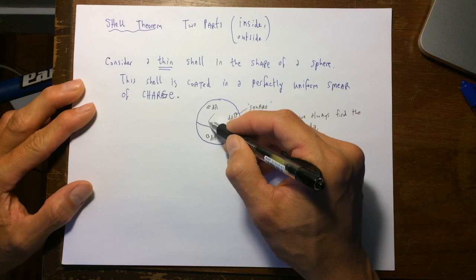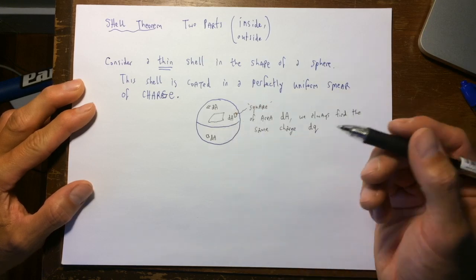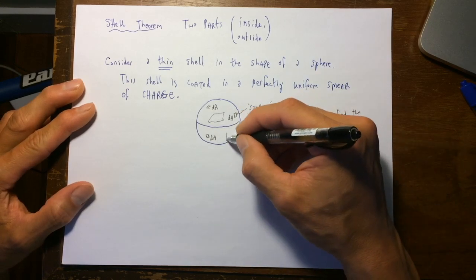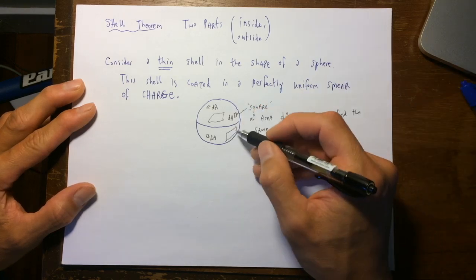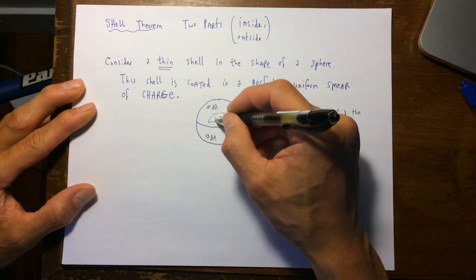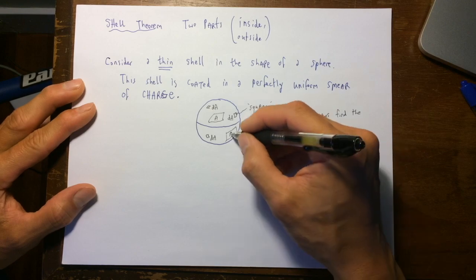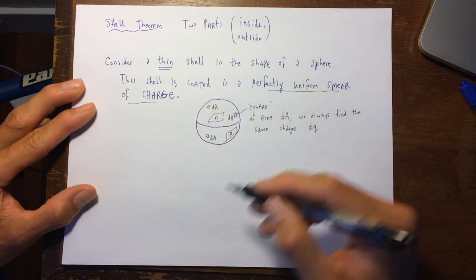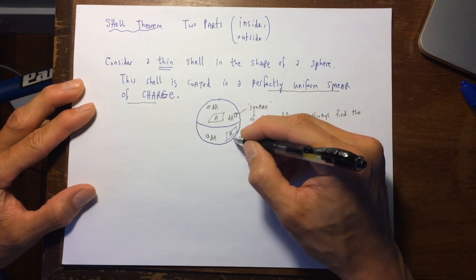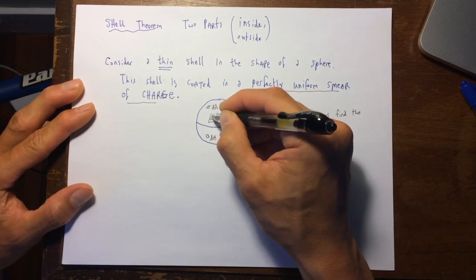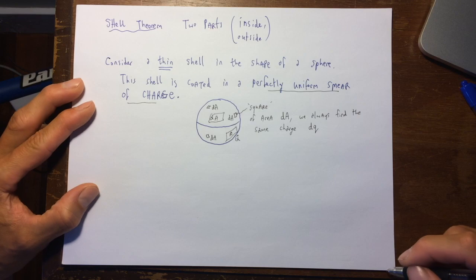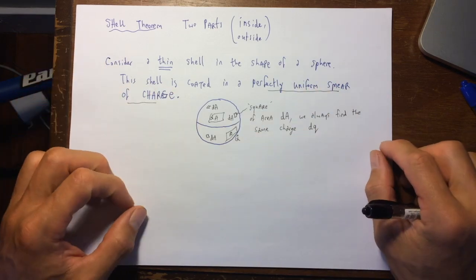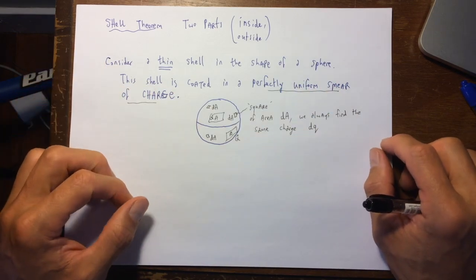So you can pick out a piece of patch that looks like this, and as long as this random other patch has the same area, A and A, you are guaranteed for a perfectly uniform smear of charge that you will always find the same amount of charge Q in those patches, no matter where you check and what the shape is, as long as the areas are the same.